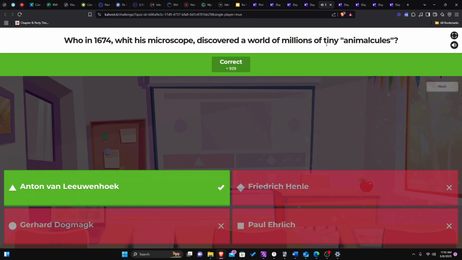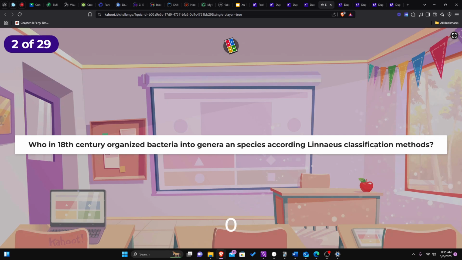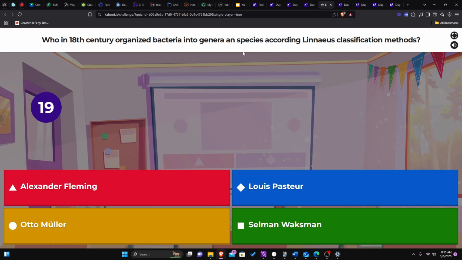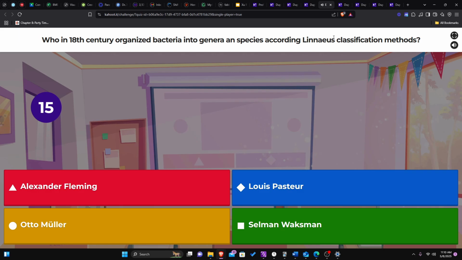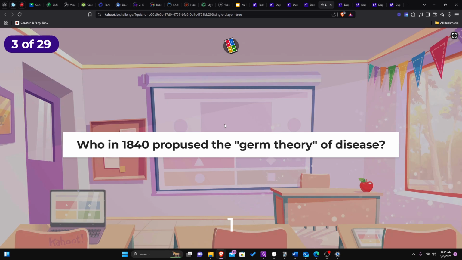Antimicrobial. 18th century. 18th century has to do with Otto Muller. Germ theory.